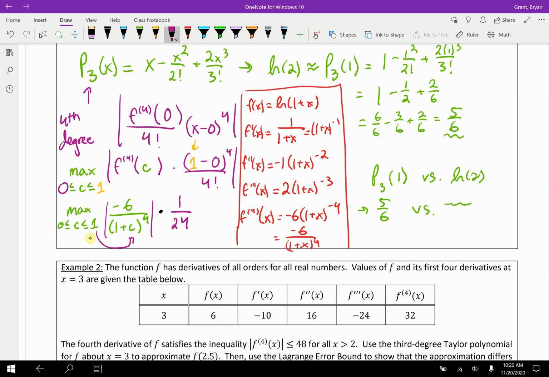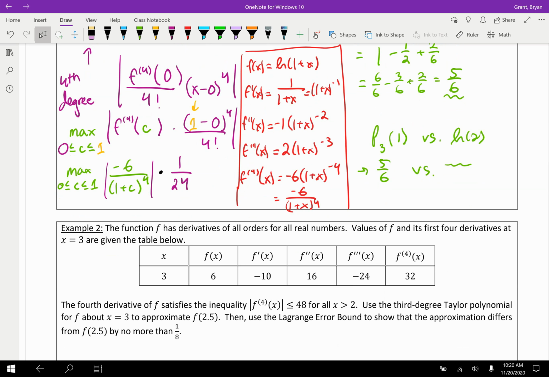We're trying to maximize this, and hopefully you can see that the value that maximizes this is actually the one that makes the denominator the smallest, in this case, 0. So the maximum value here, using the absolute value, is going to be 6 over 1 plus 0 to the fourth, which is really just 6.